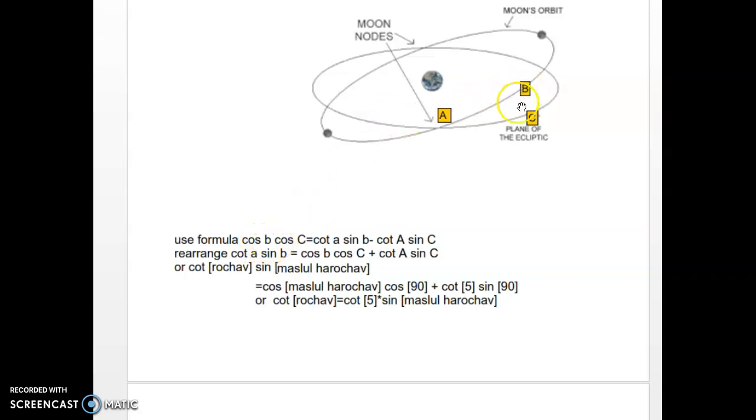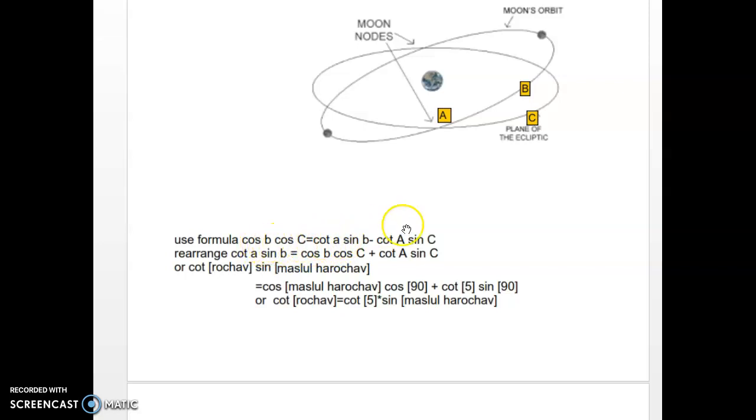We're interested to find small a. You see this formula has cotangent a, so we'll have to use some math to isolate it, and then we can solve for cotangent a.